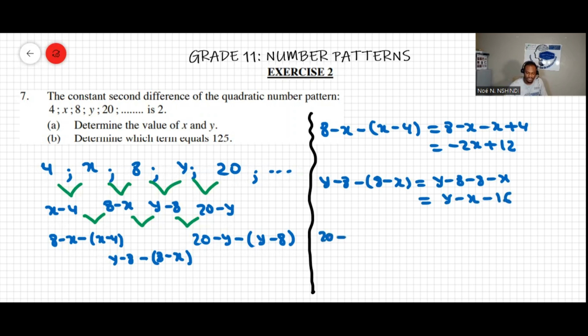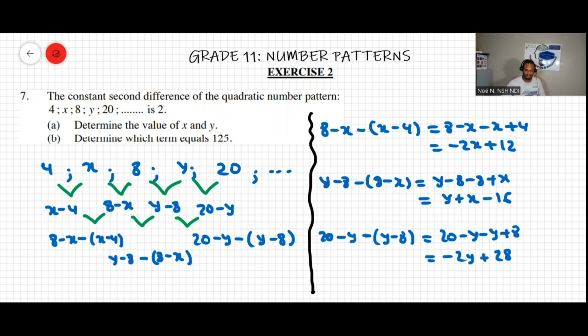Then 20 minus y minus y plus 8 makes negative 2y plus 28.